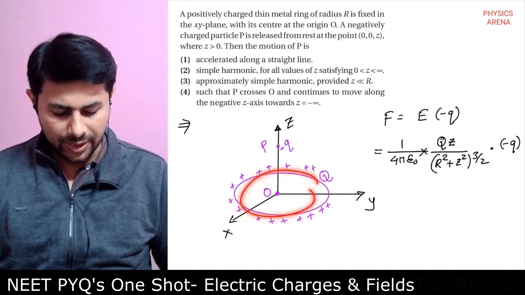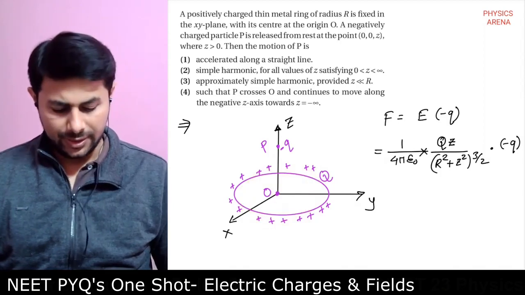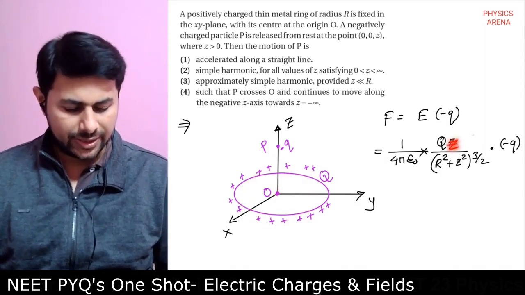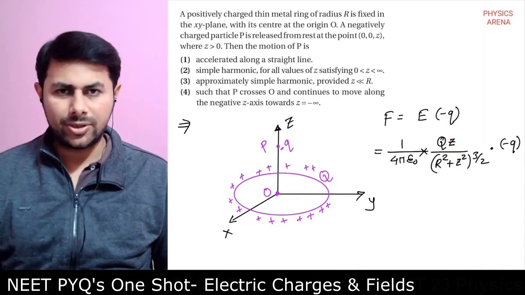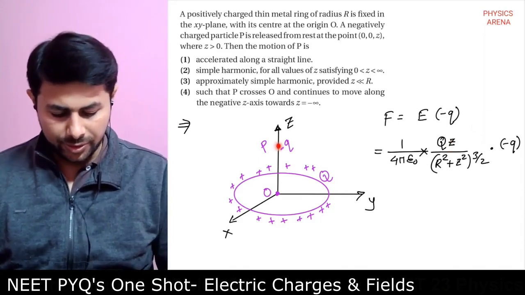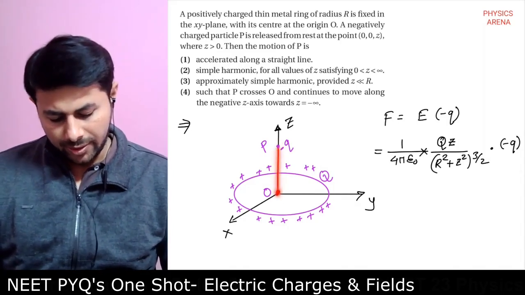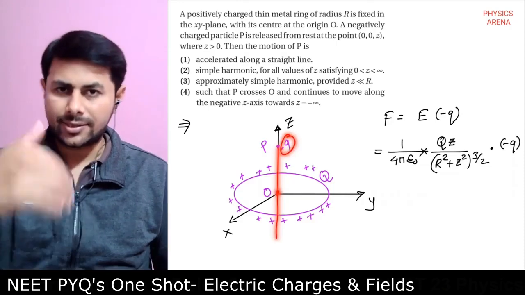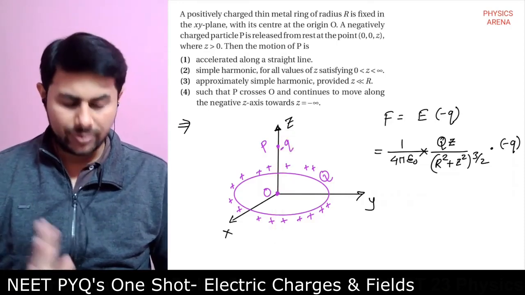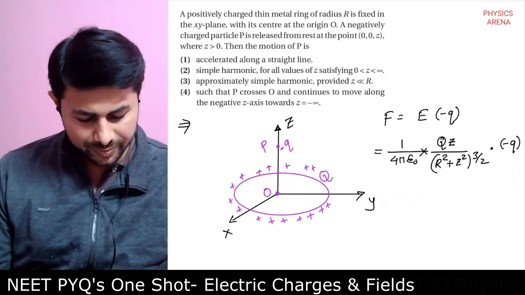Then the ring will attract it back in the opposite direction. At the center the force will be 0, because when z becomes 0, the force becomes 0. The force is maximum here, then it goes on decreasing until it becomes 0. But when this charge passes to the other side, again the force will be towards the center.